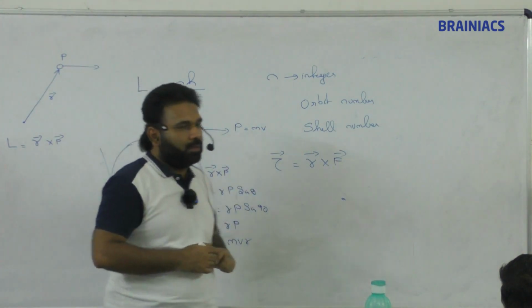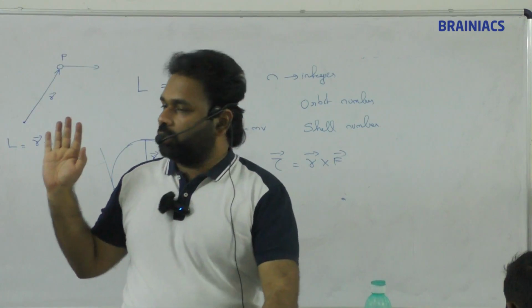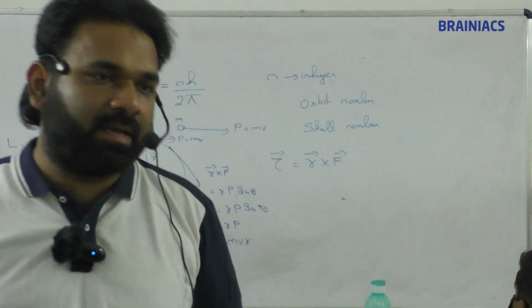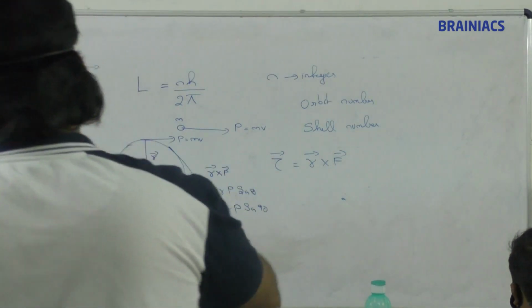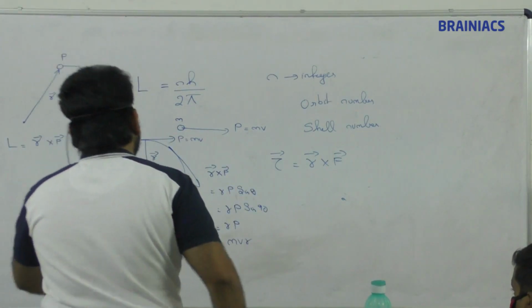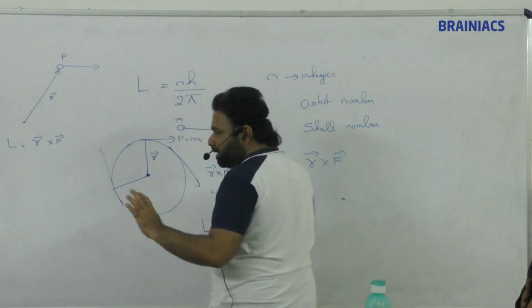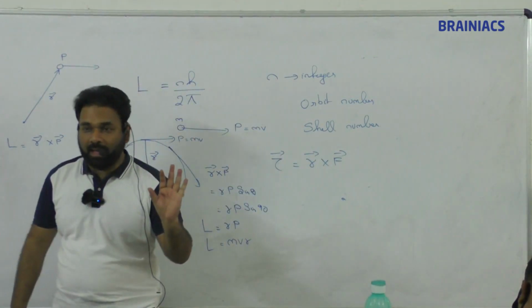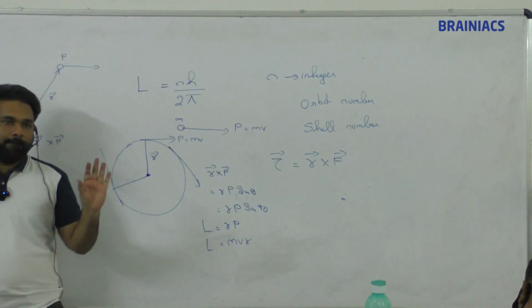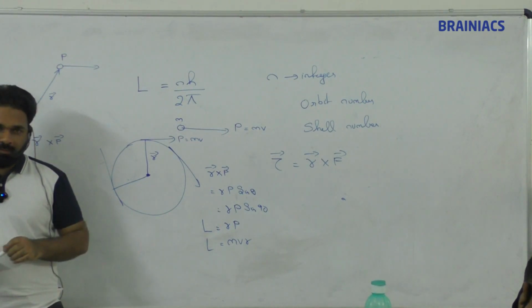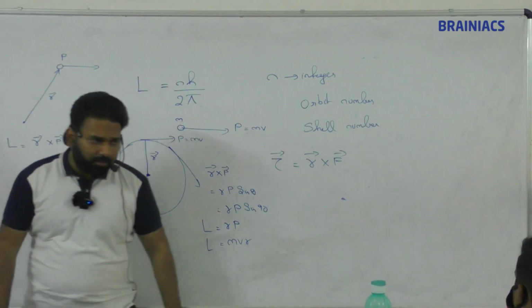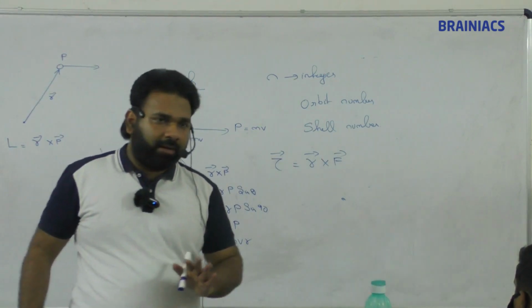Nothing wrong, no? Once we remove the cross and put sine, or for dot product cos, the direction is not a big deal. Clear? So this is angular momentum: L is equal to R cross P. All are comfortable with cross product, dot product and all, right?